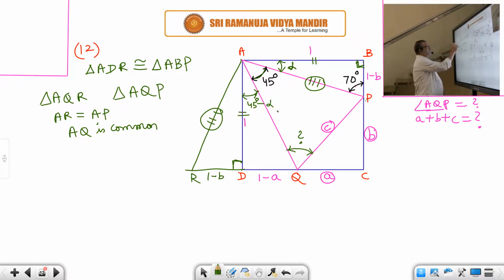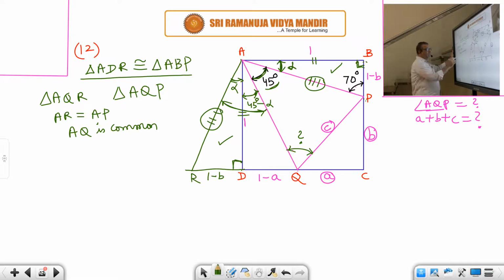Because triangles ADR and ABP are congruent, and angle BAP is alpha, angle DAR is also alpha. So here alpha, here also alpha. Then the total angle here is alpha plus 45 minus alpha, so 45 only. And here also you can see that it is 45.